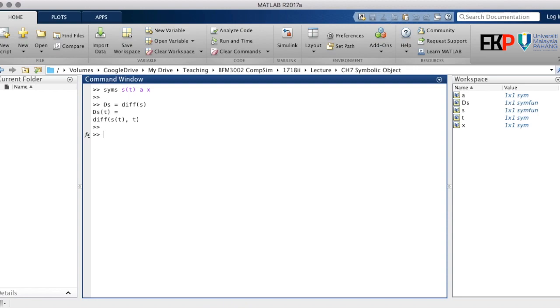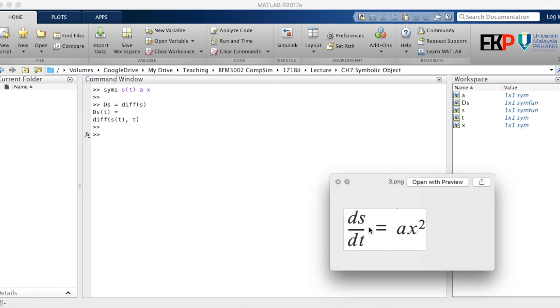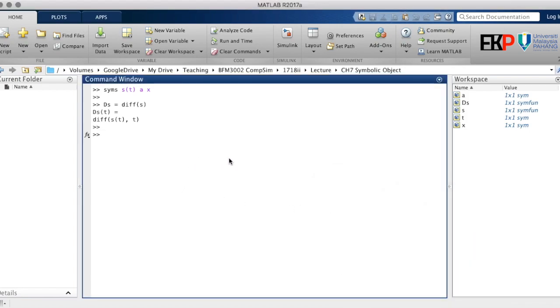Then to type in this equation, we simply use the dsolve command, dsolve of ds equal to ax squared. So we type in dsolve of ds, that is equal to a times x to the power of 2. When we press enter, we will get the answer of a times t times x squared plus a constant.